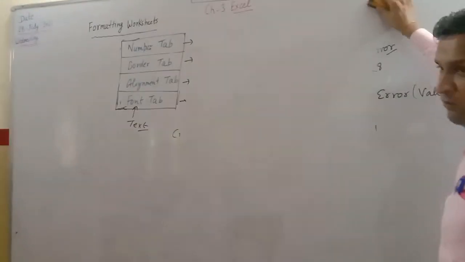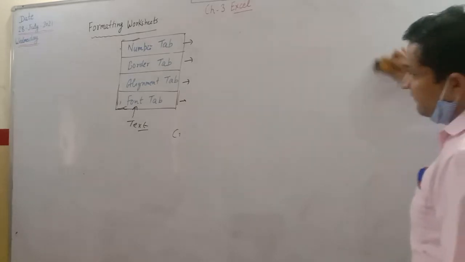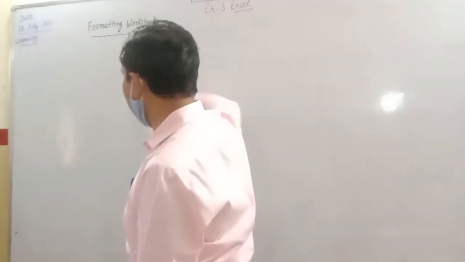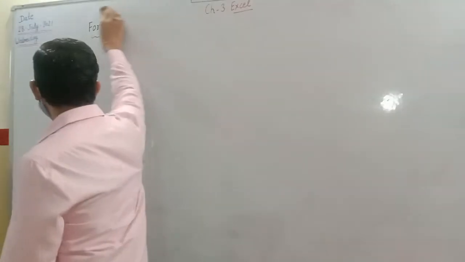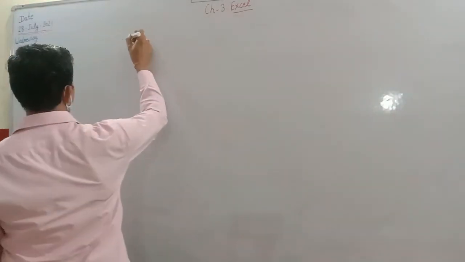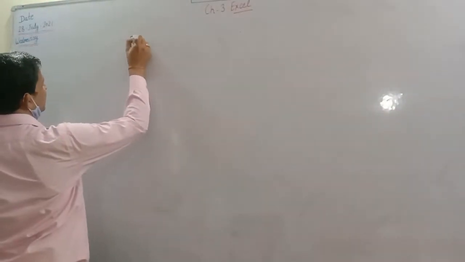What is the concept of formatting rows and columns? We can make changes in a specific row, and we can make changes in a specific column. How do we perform changes? Change the column width. Format.